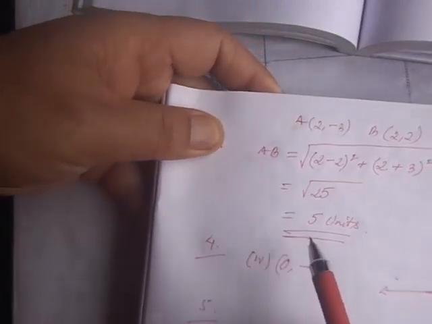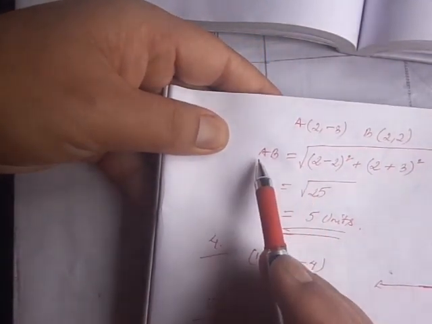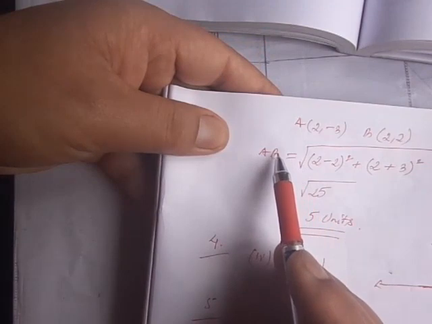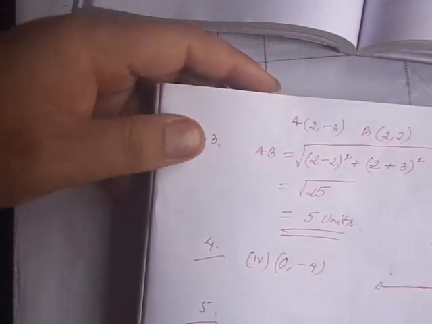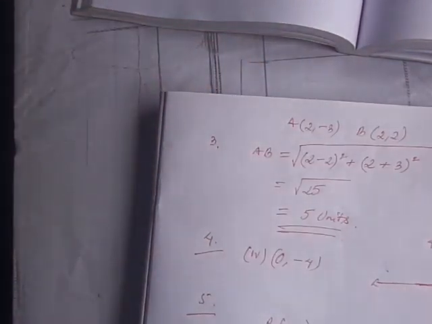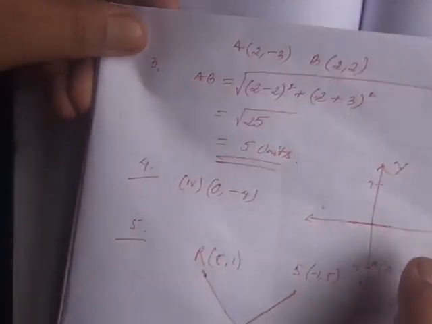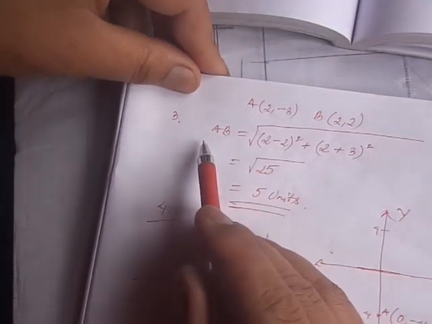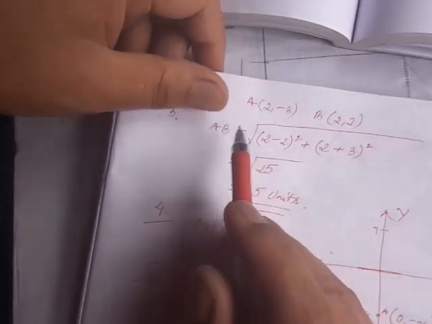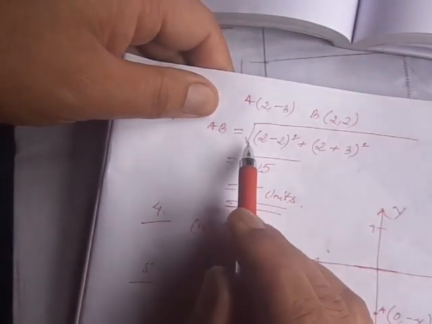For example, if I bring this root to this side, it will become a square.